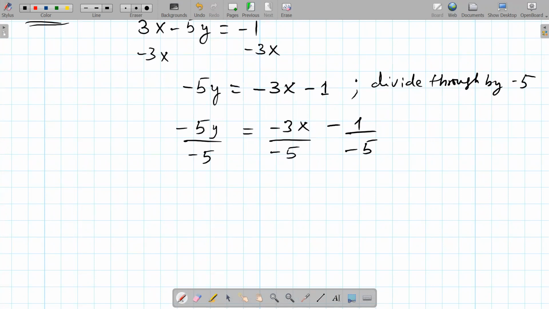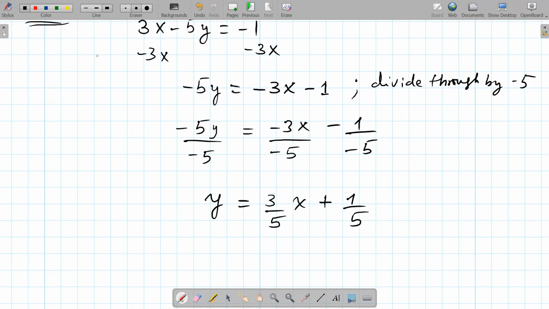The -5 is going to cross out, so I'm just going to be left with y. 2 negatives will always cross out, so I'm just going to be left with +3 over 5x. 2 negatives will cross out, and that will become a positive, so +1 over 5.